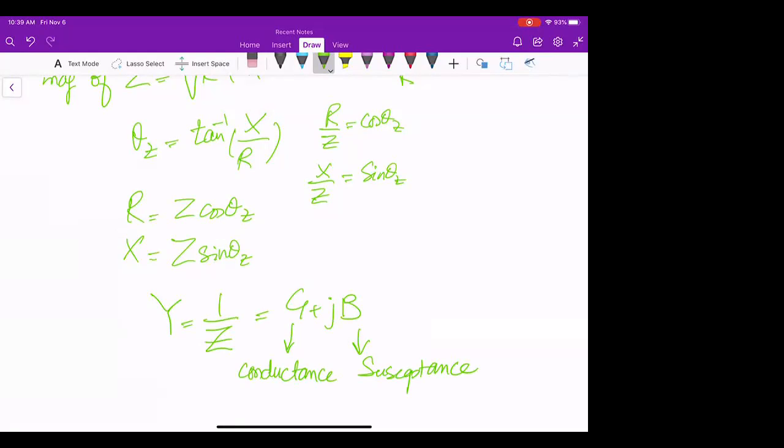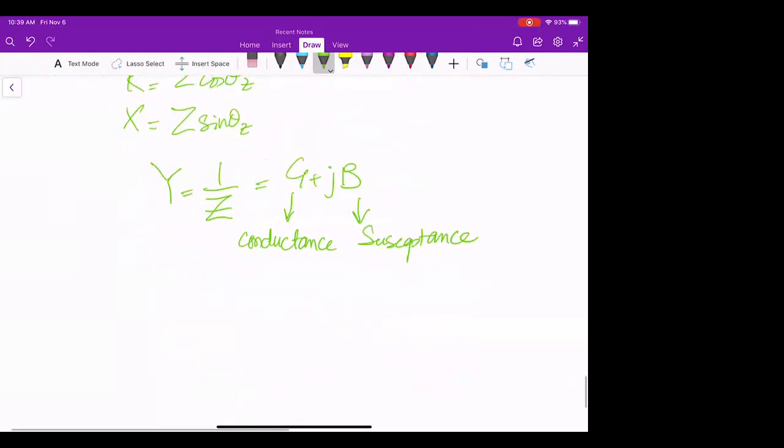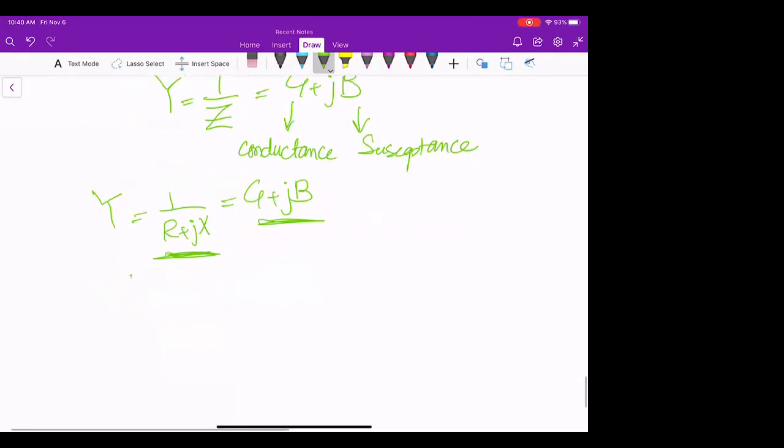The basic point is that it's the inverse of impedance. So if I'm writing it like this, how can I make sense of this and this? Okay, so I will try to do this.